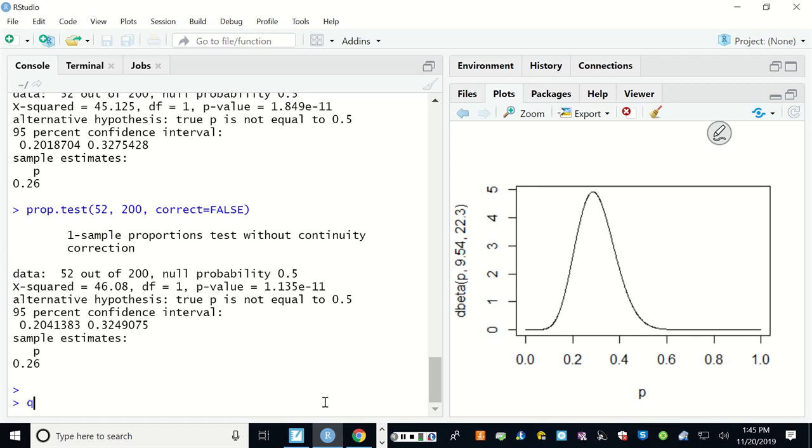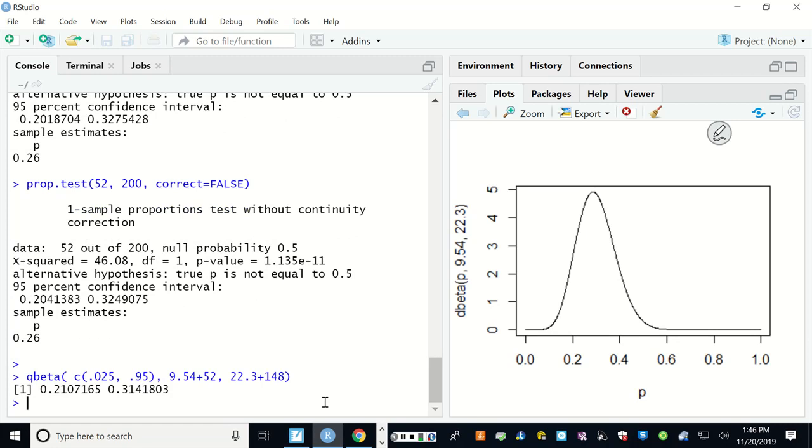And so if we do the quantiles for beta, the 0.025 and 0.975 points, we put in our parameters, 9.54 plus 52, and then 22.3 plus 148. That should give us some intervals, 0.207 or 0.211 rounding it, and 0.314.